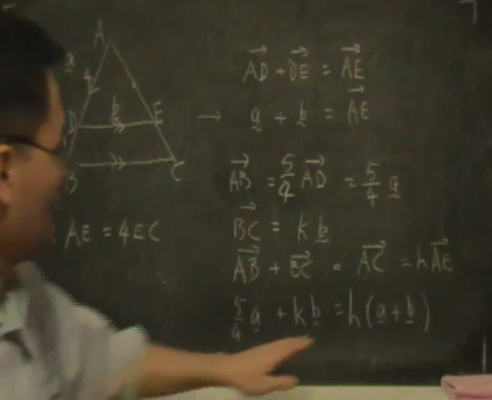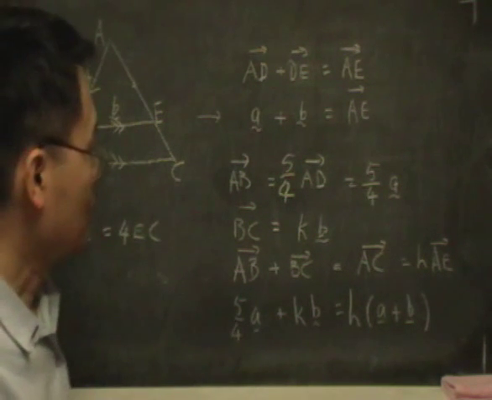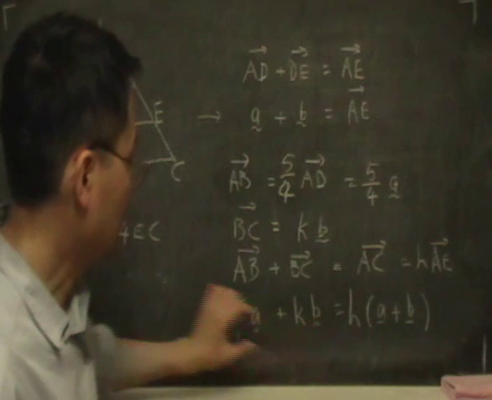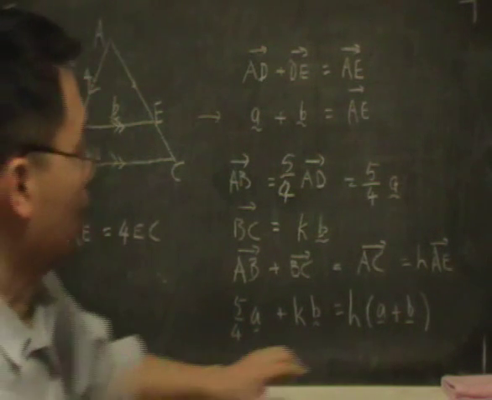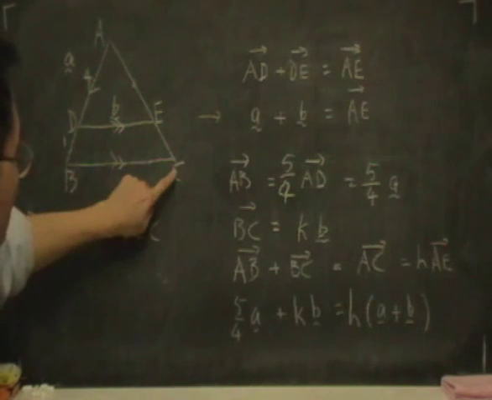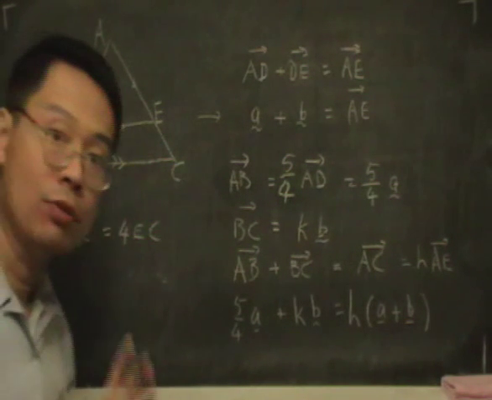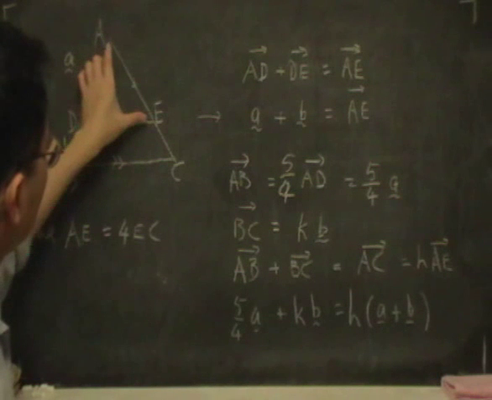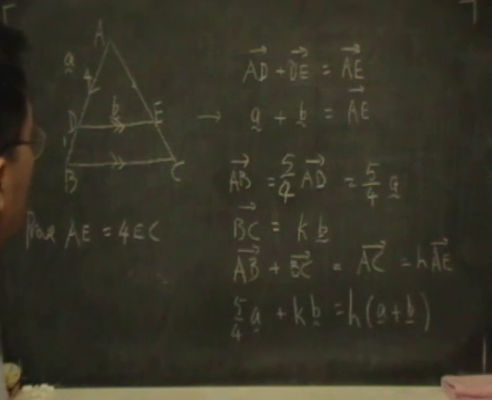So this result is already telling us that h must be equal to 5 over 4, and that AC, which is there, must be equal to 5 over 4 times AE.